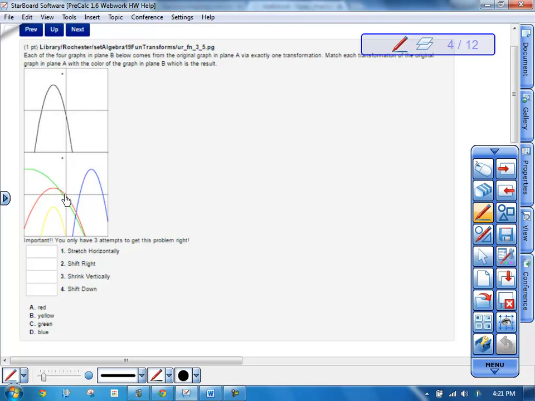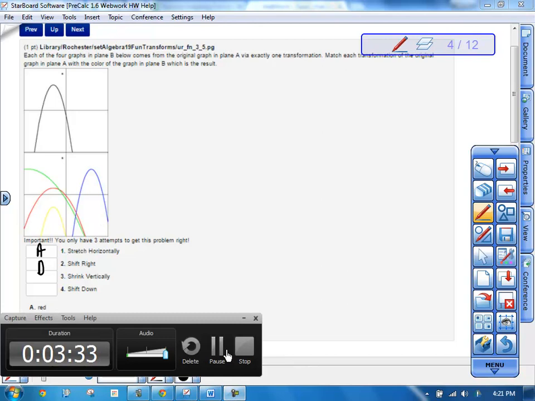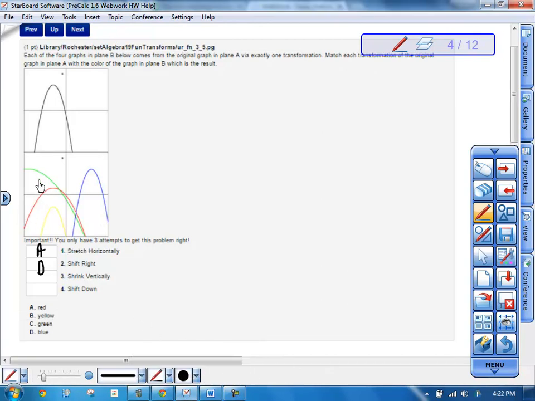So that'd be A. A shift right would be the blue one, which is D. A shrink vertically would make the graph fatter. So that'd be like the green one. And then a shift down would just be the yellow one, which is B.